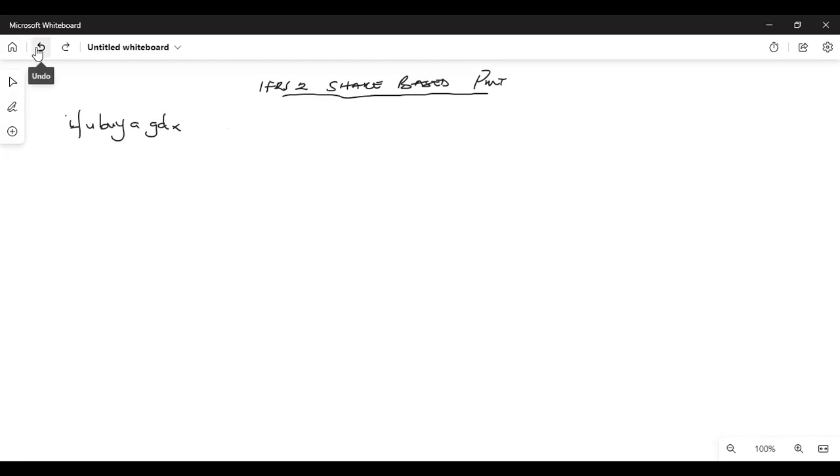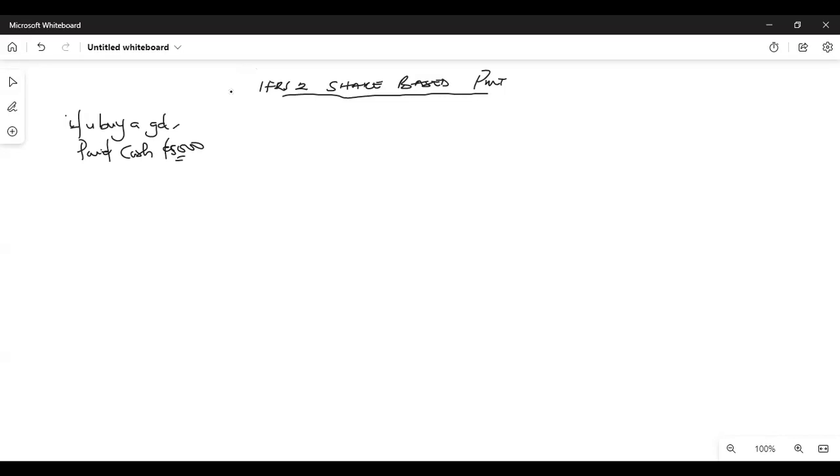So if you buy something from someone and you pay cash, let's say the cash is 5,000 cedis. What do you think the double entry will be? You bought a good and you paid cash of 5,000.